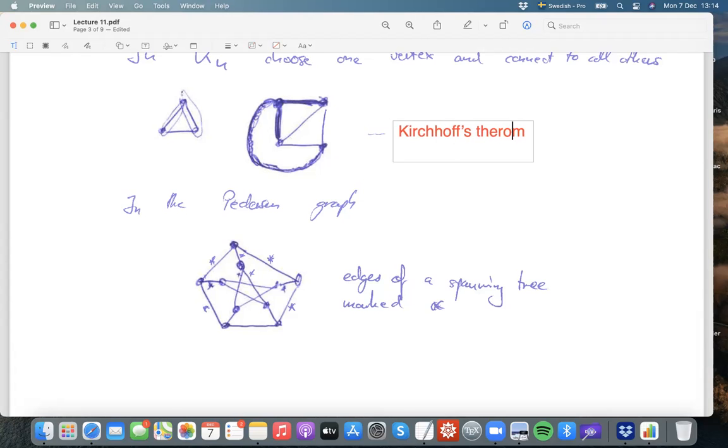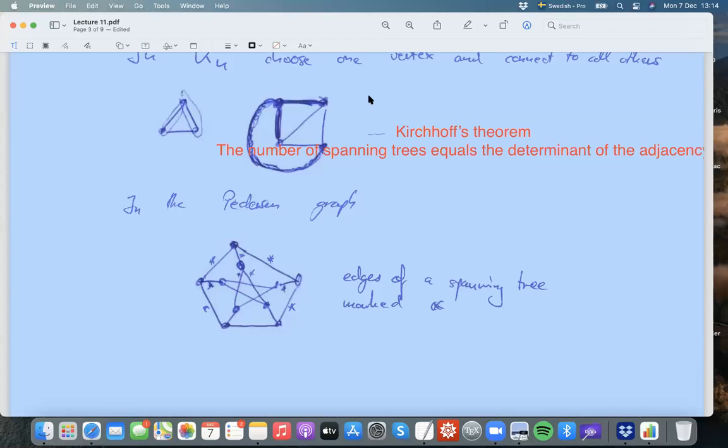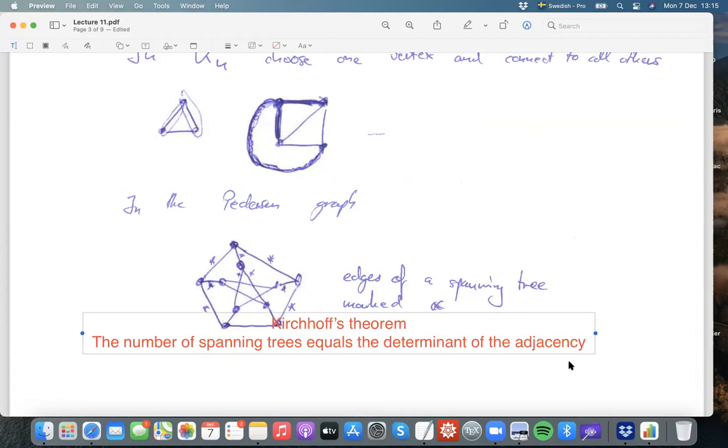The number of spanning trees equals the determinant of the adjacency matrix.